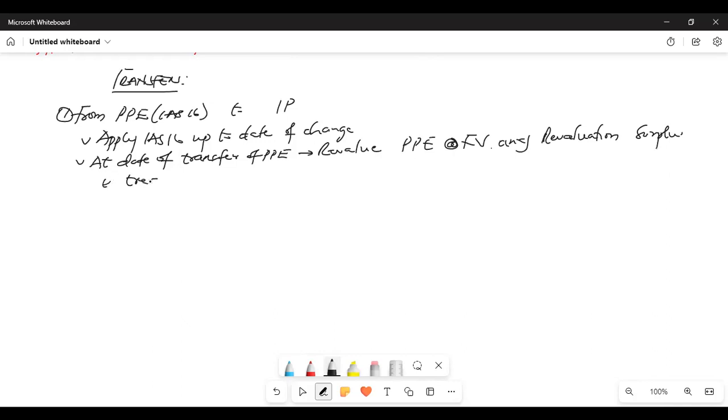What is the treatment for revaluation surplus in IAS 16? Where does it go? It goes into the revaluation account treated under equity.